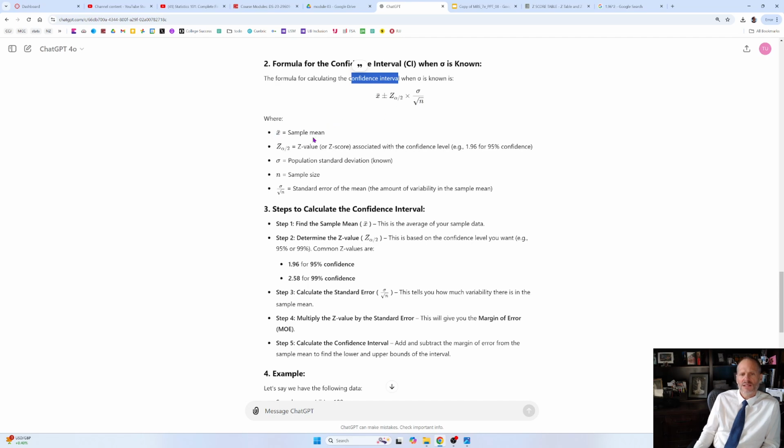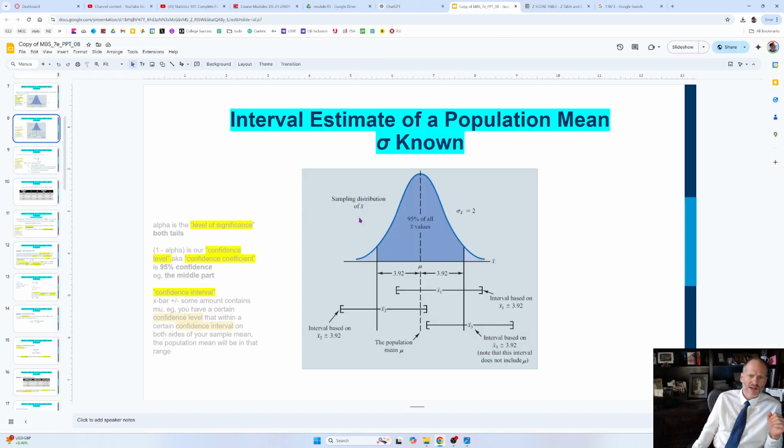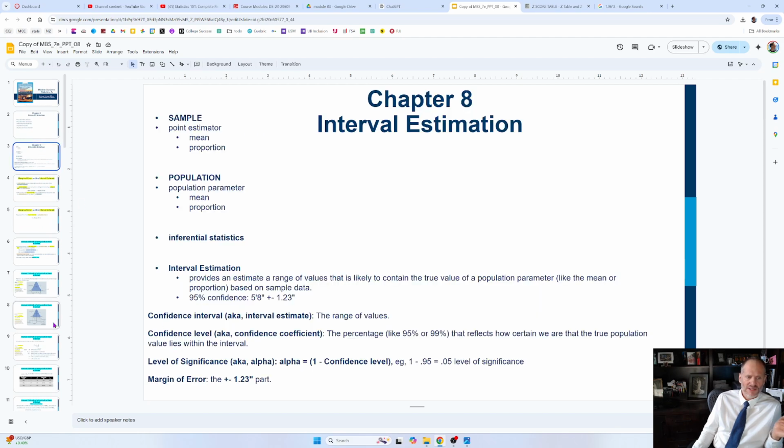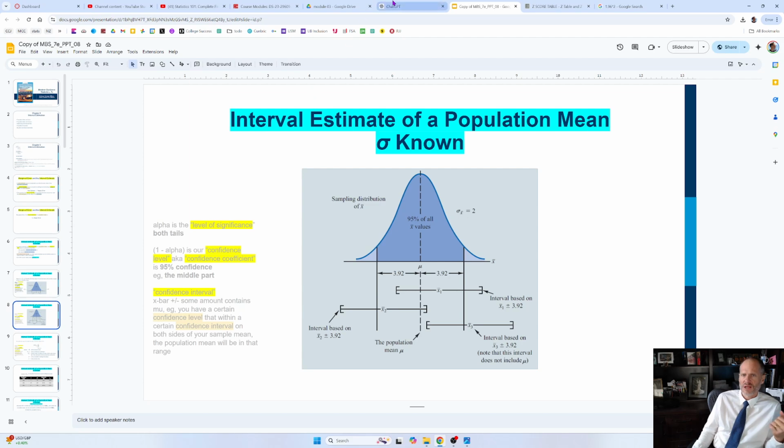So x bar is the sample mean, z subscript alpha over 2 is a z value or a z score associated with the confidence level, e.g. 1.96 for 95% confidence. Why 1.96? 95% confidence means that in the middle of the graph, we have 95% confidence. Right here is the 95%, which means our alpha is 5%, and alpha can also be referred to as level of significance, just learning the terminology.